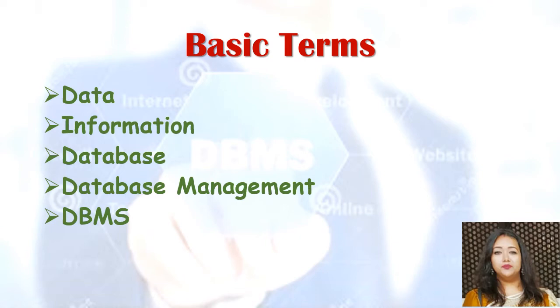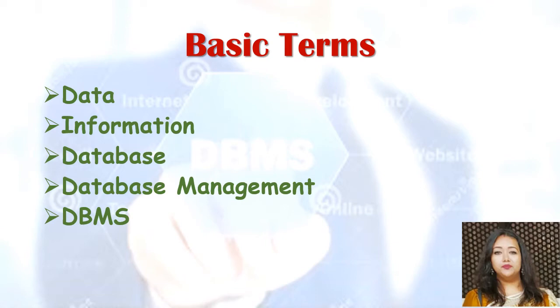A database is an organized collection of structured information or data typically stored electronically in a computer system. Database management allows a person to organize, store, and retrieve data and information from a computer.